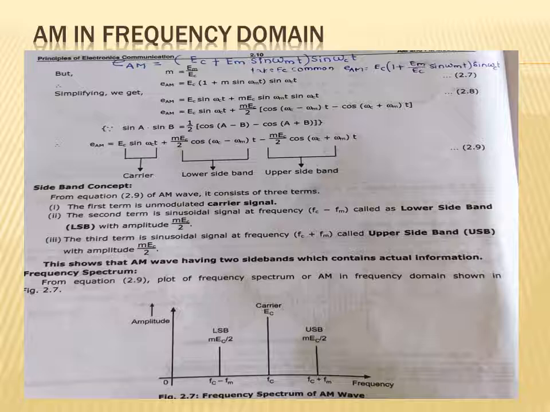Next is the upper side band, with frequency fc plus fm and amplitude mEc by 2. So this is the AM in the frequency domain.